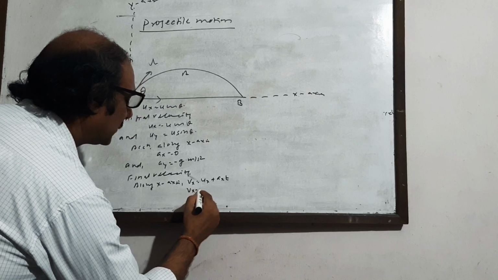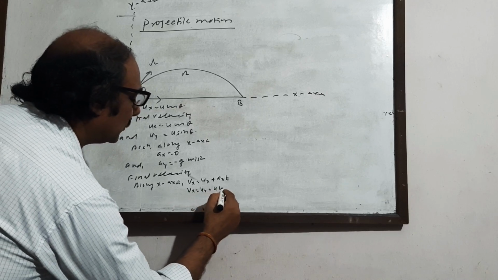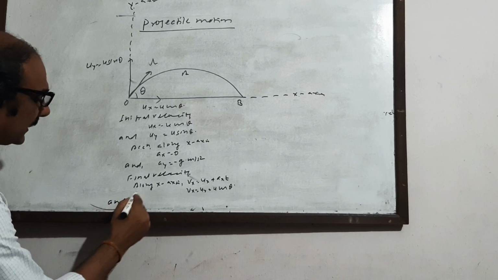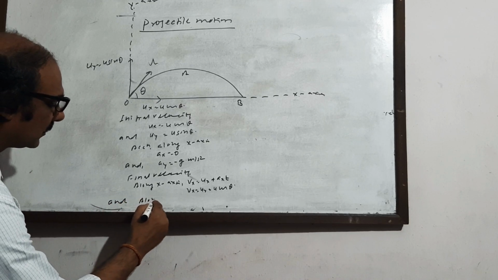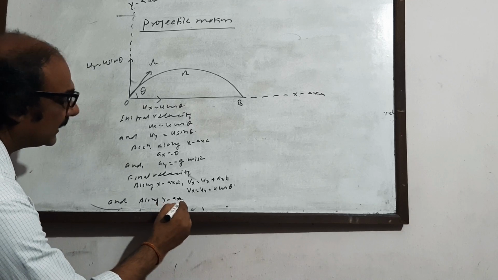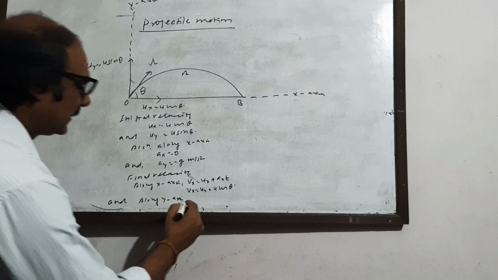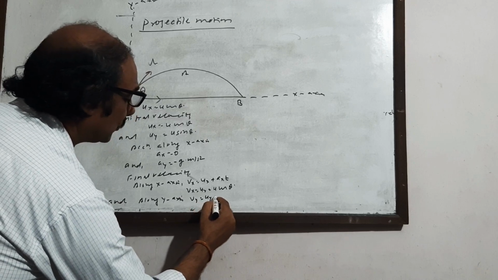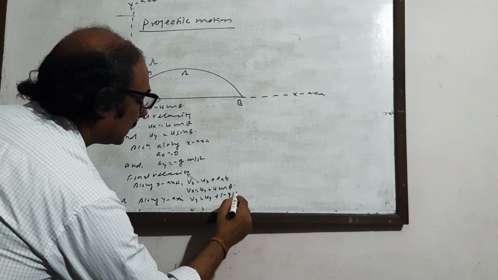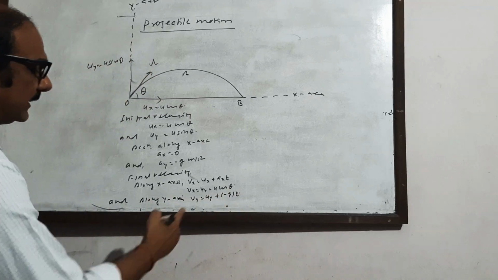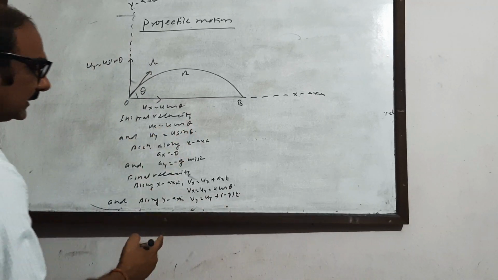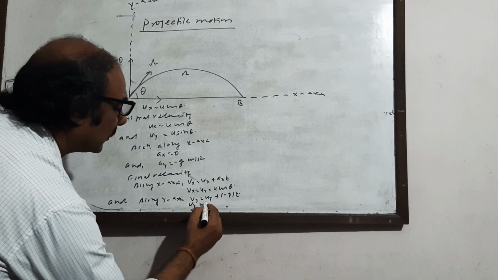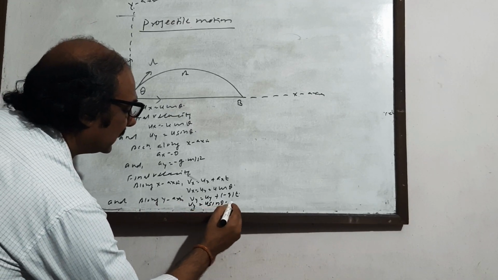So Vx equals ux equals u cos theta. And final velocity along the y-axis, Vy, using v equals u plus gt, and uy equals u sine theta. So the final velocity Vy equals u sine theta minus gt.